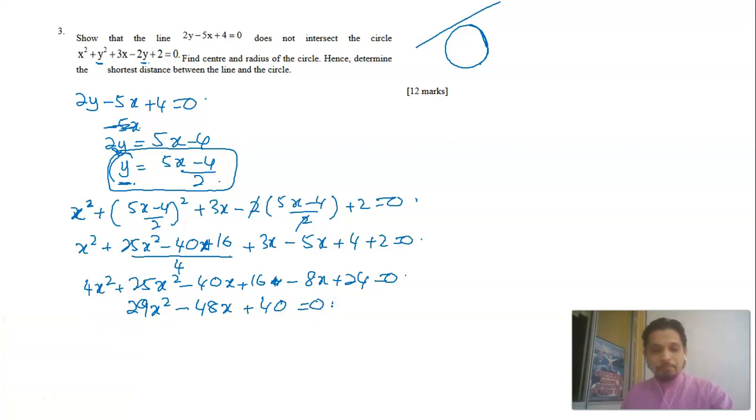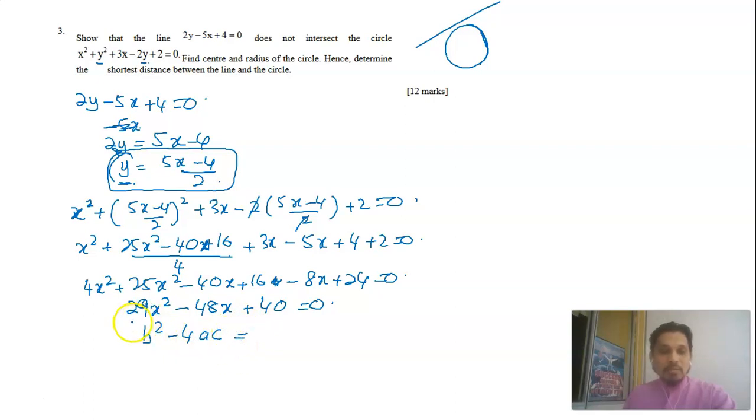Okay, so look at this one here now. To show that this line does not intersect the circle, we're going to use b squared minus 4ac, whether it is greater than, less than, or equal to 0.